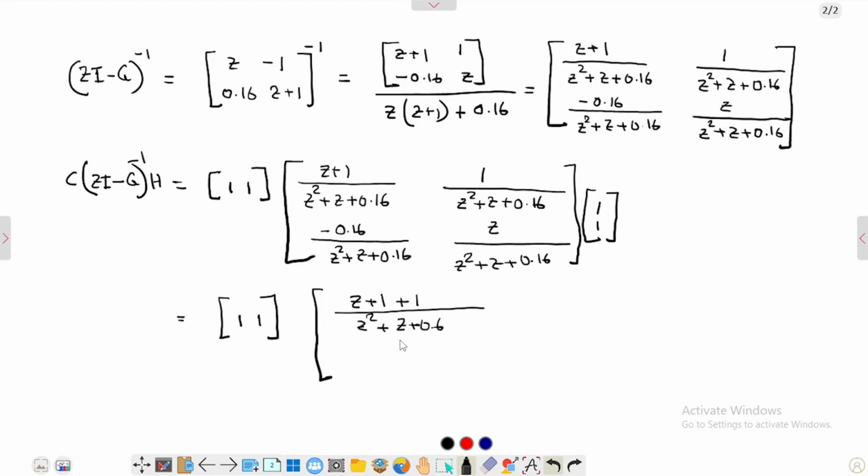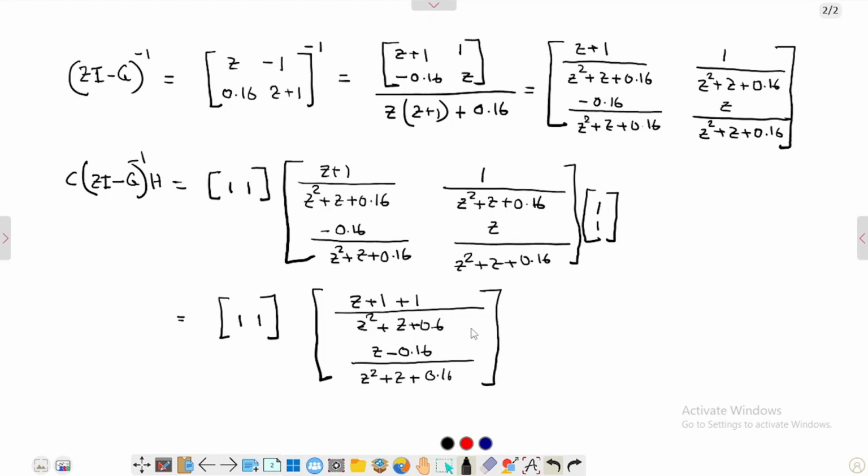And here I multiply and I get z - 0.16 divided by z² + z + 0.16. So I got this equation.